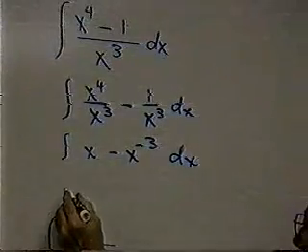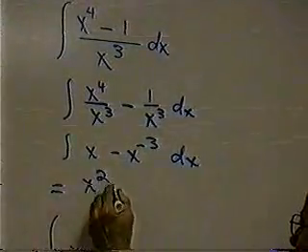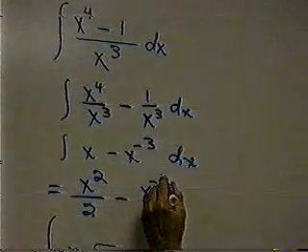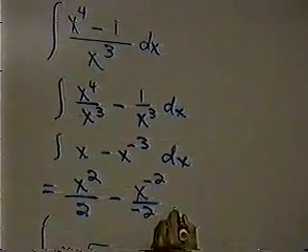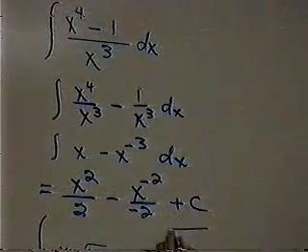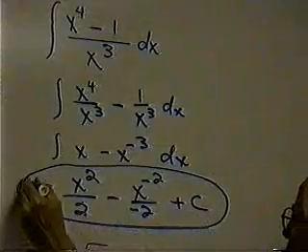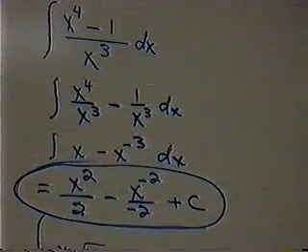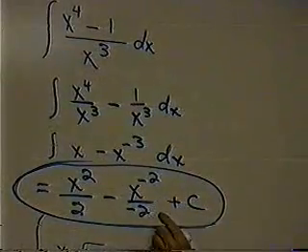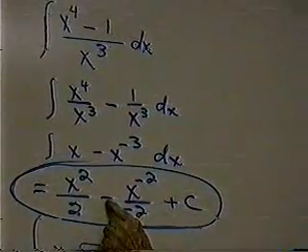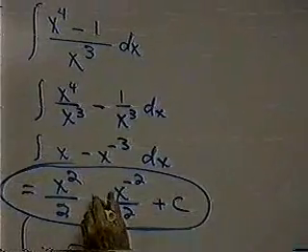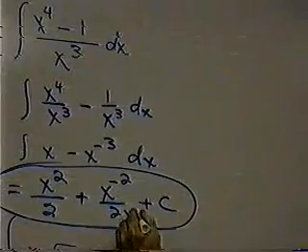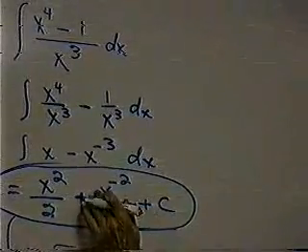Now we have powers, so the answer is x squared over 2 minus x to the minus 2 over minus 2, plus c. Now learn to change that. That minus times that minus will make the final answer a plus, and this x to the minus 2 moves down to x squared.